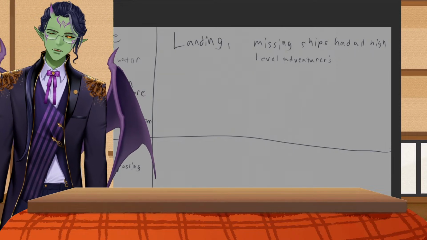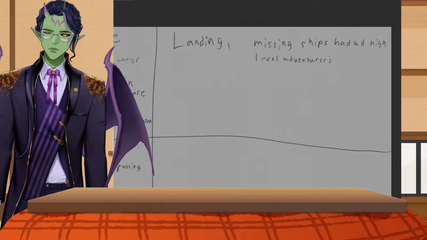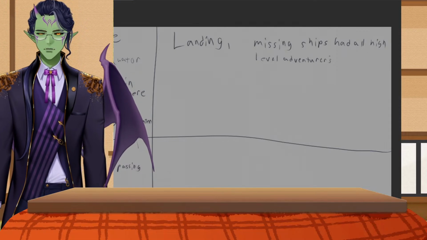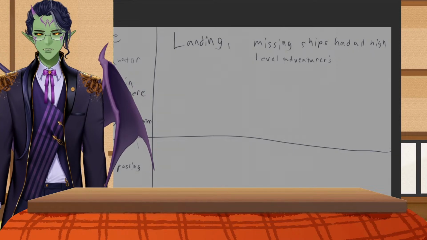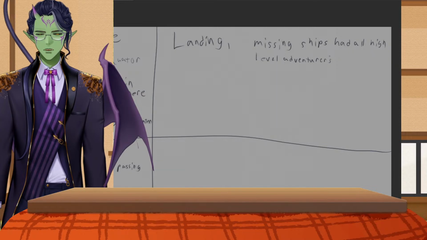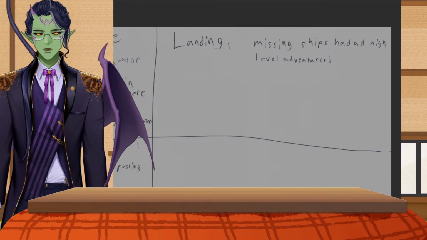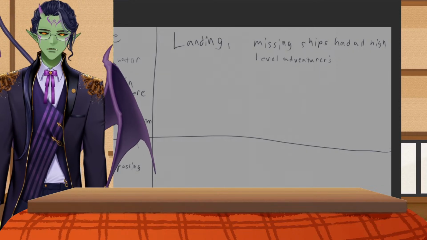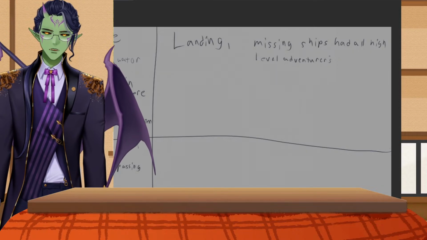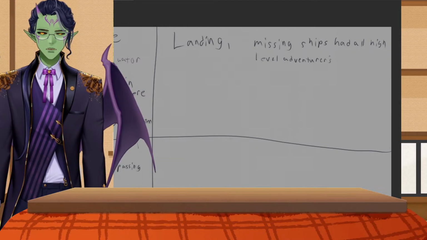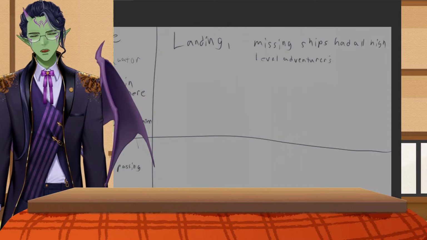And obviously, well, not obviously, but you would also have the people who are training the low-level adventurers. So it's not like it's all low-level adventurers. There will probably be a handful of 3 or 4 high-level adventurers who were the mentors of the rookie squads that were dispatched.